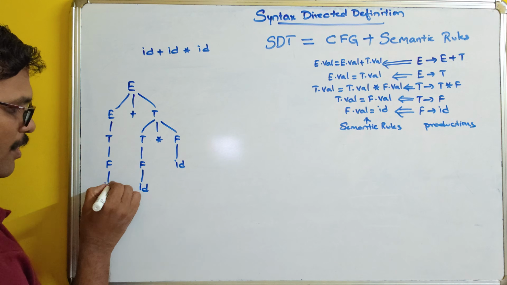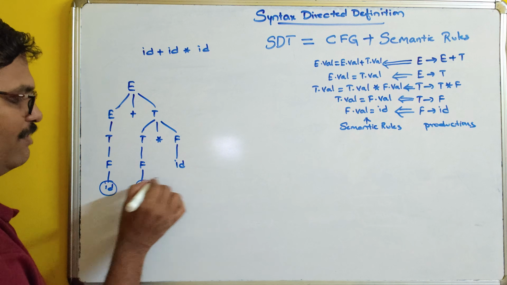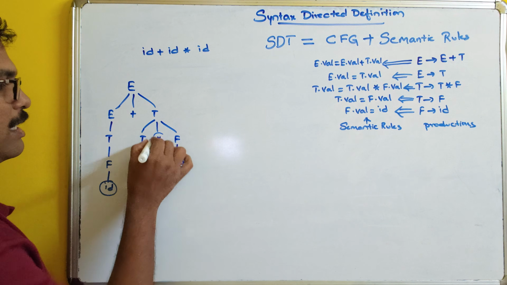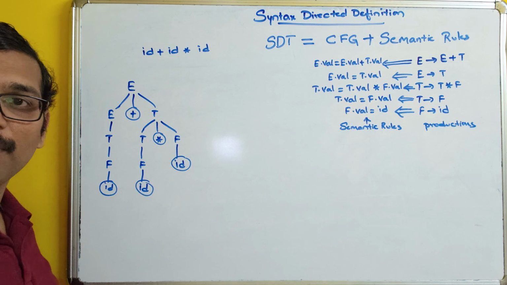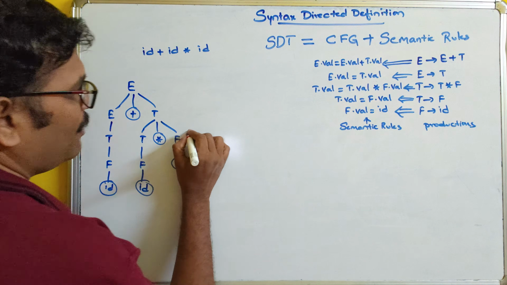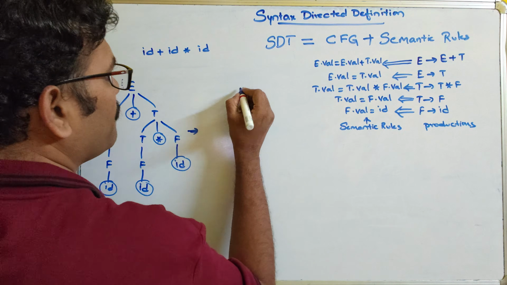So the leaf nodes are all terminals. Now this can be improvised in this way.